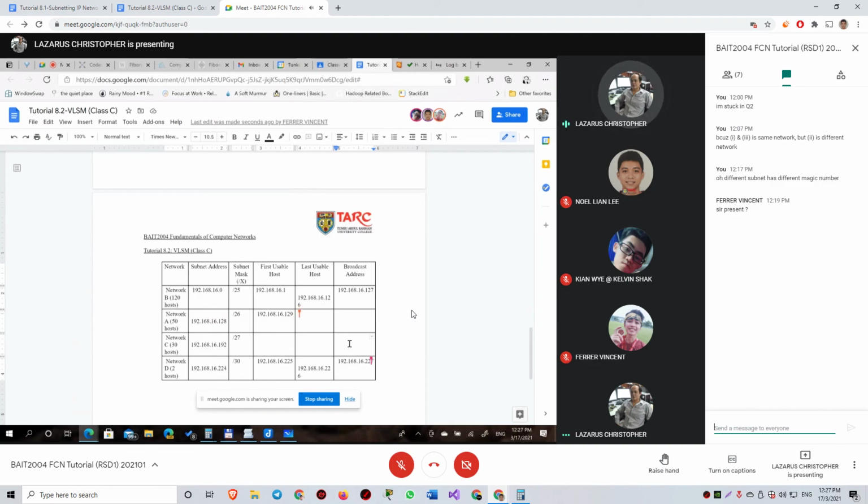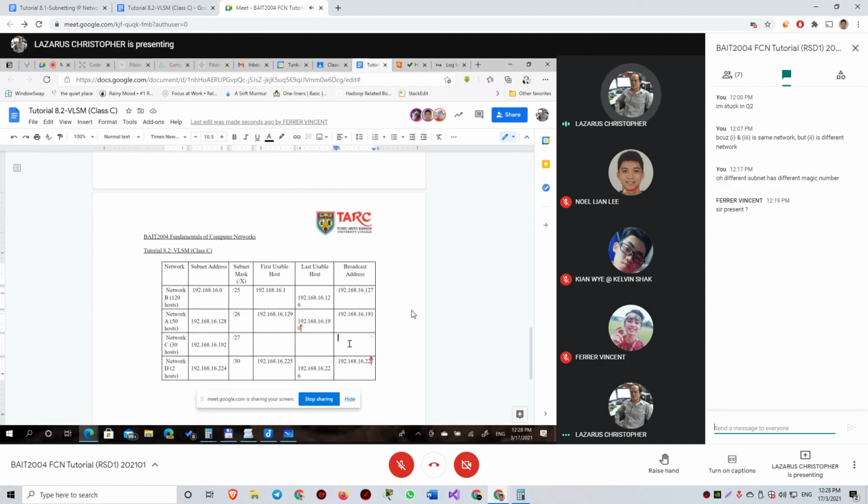Yeah. So now we work with the broadcast address first. The broadcast address is the one below network C's address. So if network C is 192, the broadcast address for network A will be 191. Yes. So now the last usable host is one below broadcast, so 190. Okay.